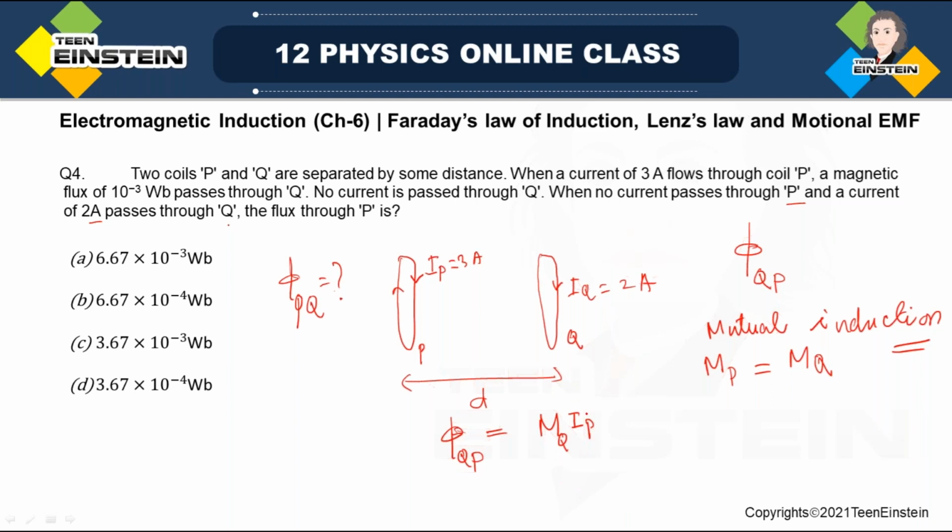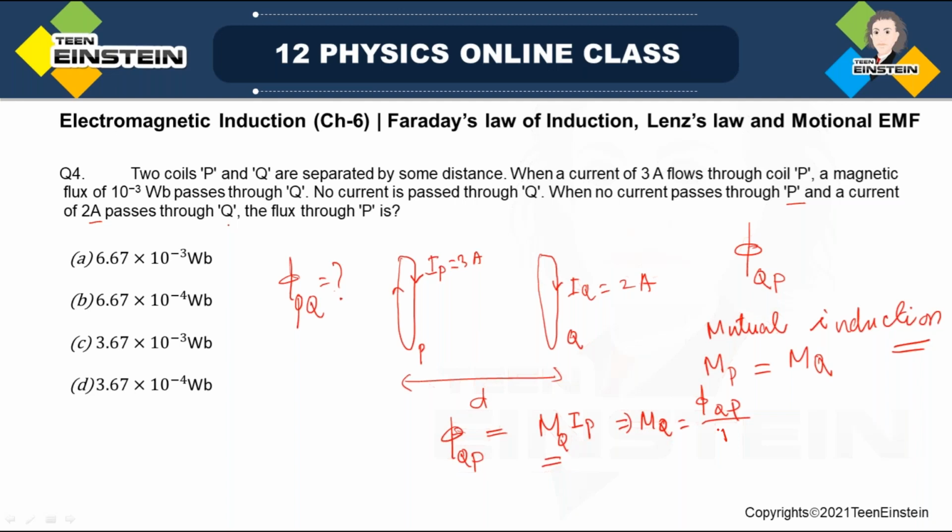So I has to be flowing through the other coil when you are calculating the magnetic flux in some other coil. So I'm calculating flux linked with this Q when the current IP is flowing through the coil P, and that's why I have taken this mutual inductance MQ. So from here I can write MQ is equal to phi QP divided by IP.